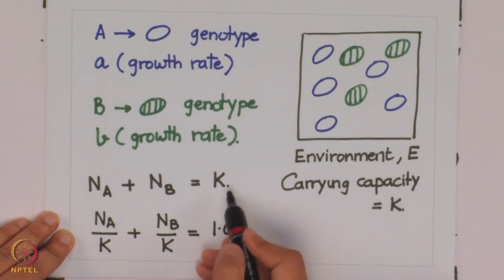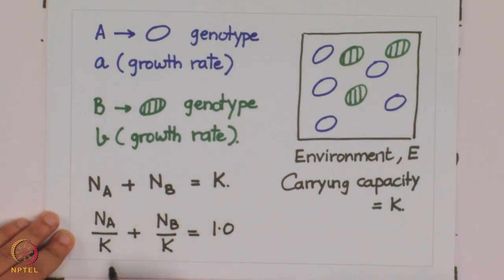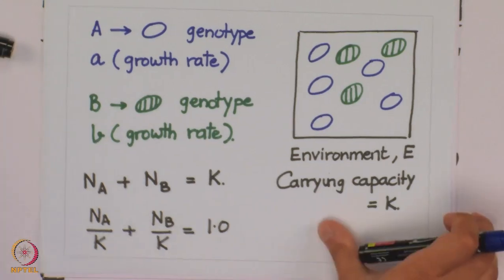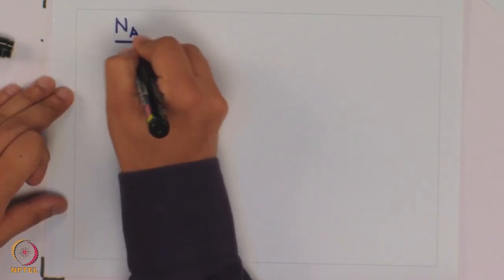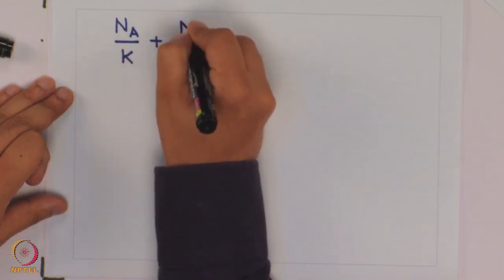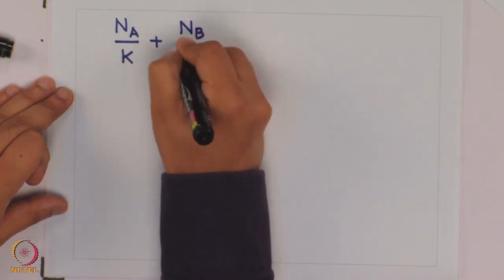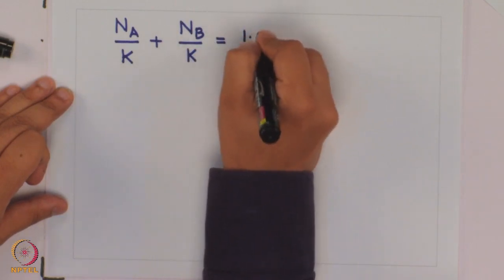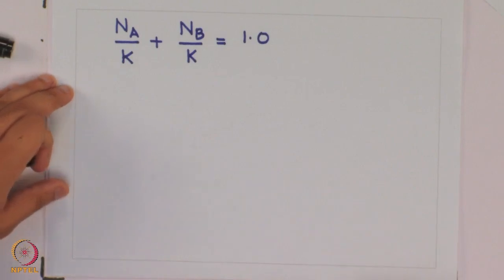I have just taken K to the other side and arrived at this relationship. Let me rewrite that equation again. In this two bacterial system, the number of individuals when added up for both types equals K, and I can rewrite that equation as Na by K plus Nb by K equals 1.